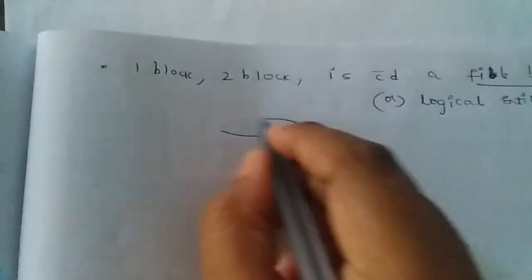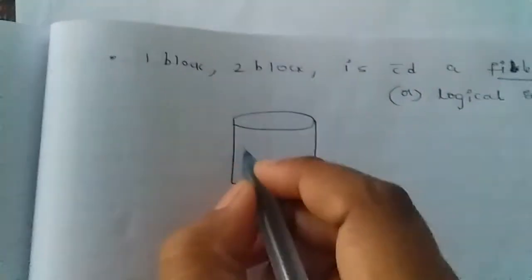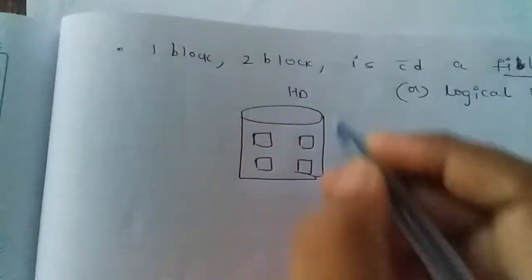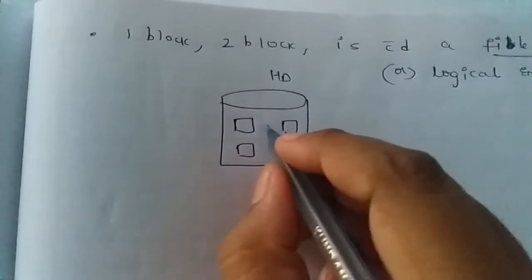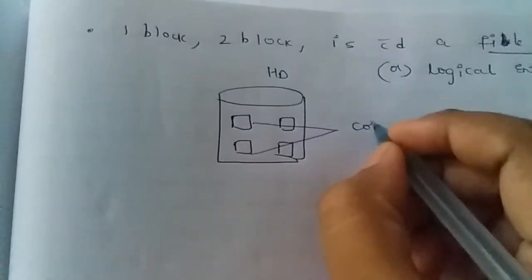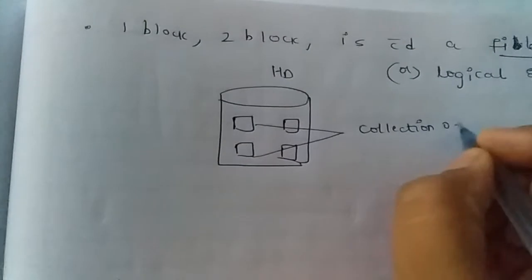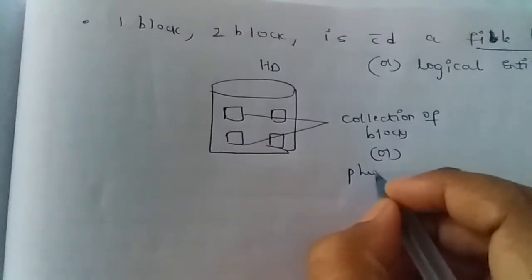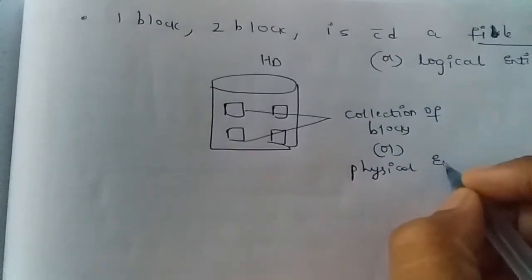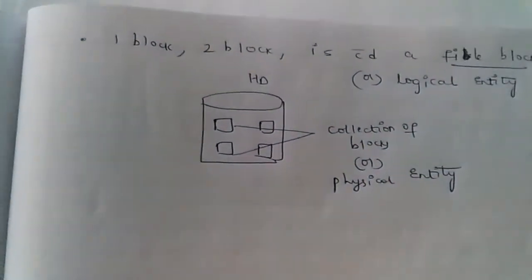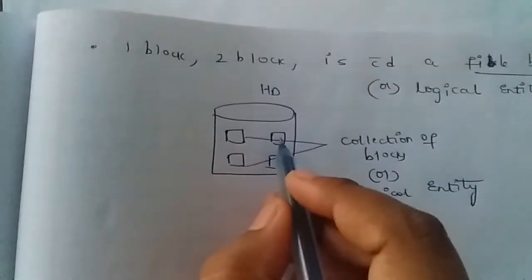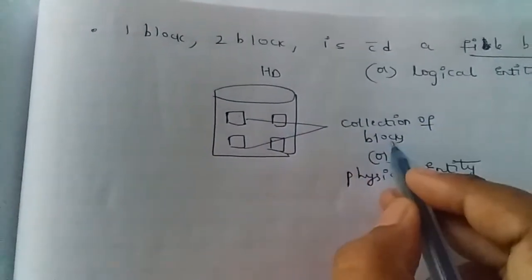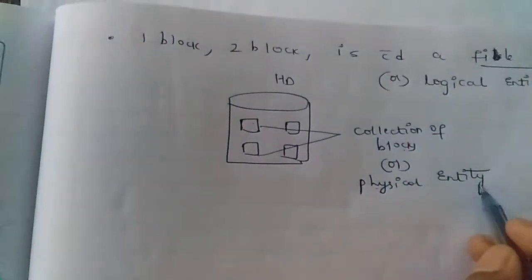The hard disk consists of a number of blocks: block 1, block 2, block 3, block 4. These 4 blocks are the collection of blocks, or a physical entity.